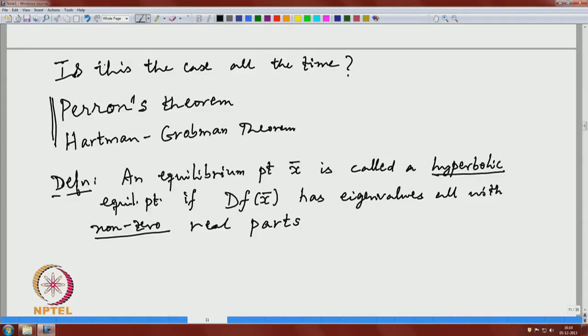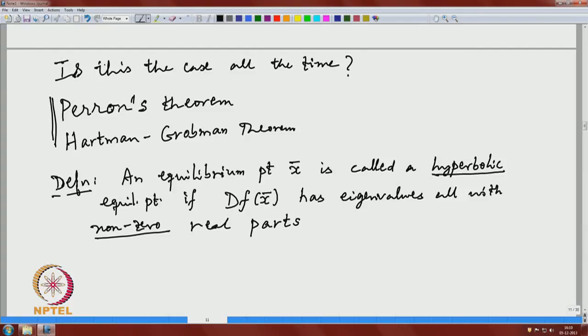Okay. And in this case, if x bar is a hyperbolic equilibrium point, then whatever happens to the linear system, the same thing happens to the non-linear system, and that is the content of Perron's theorem and Hartman-Grobman theorem.